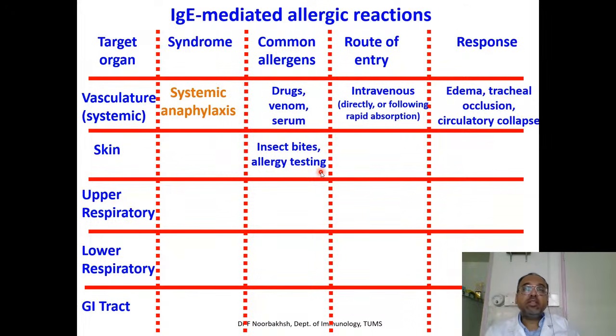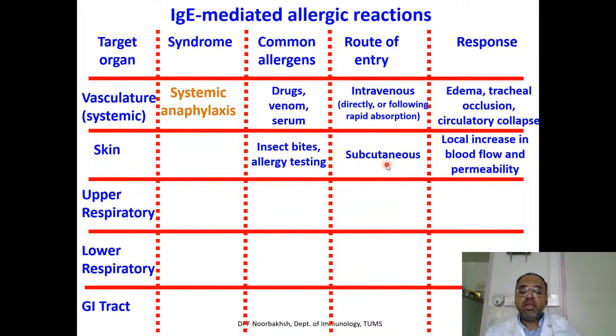Or in cases where we use allergens for testing, as I will show you in later slides, then you have basically a limited reaction. In these cases, you don't have intravenous or systemic spread of the allergen. You have a tiny subcutaneous injection. And the symptoms and signs that you will get are localized.